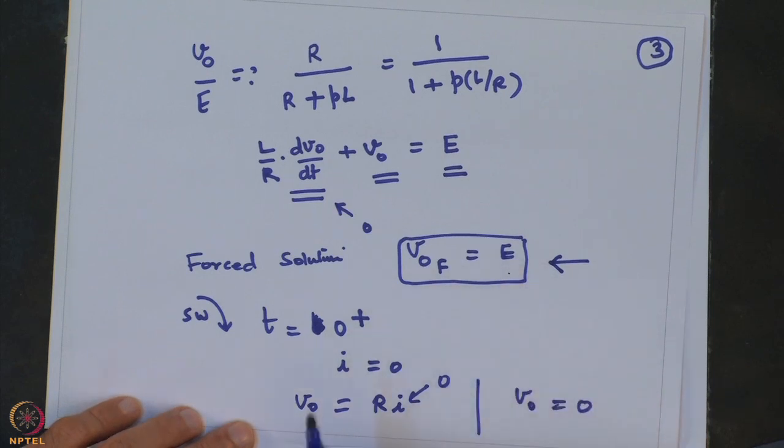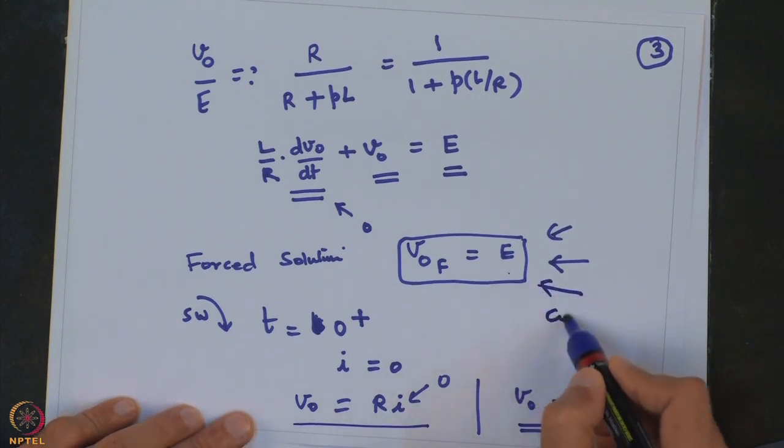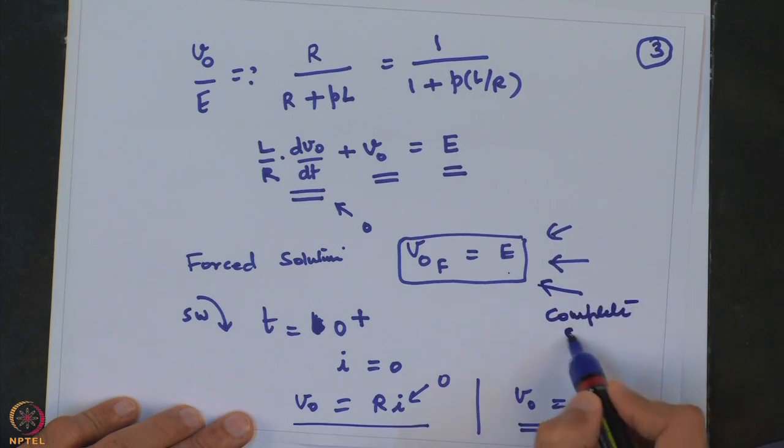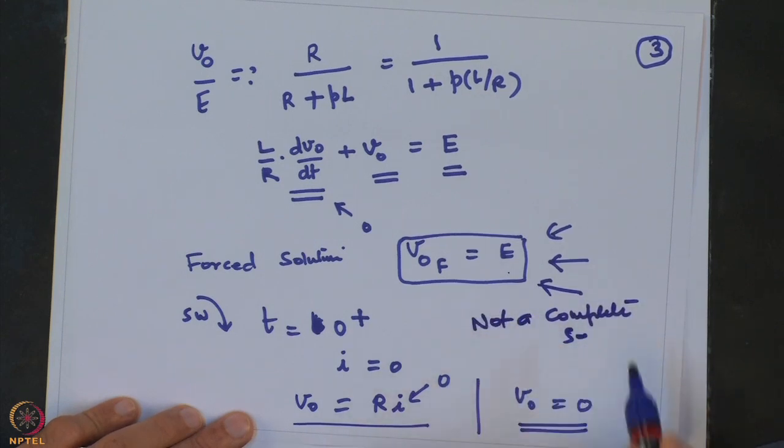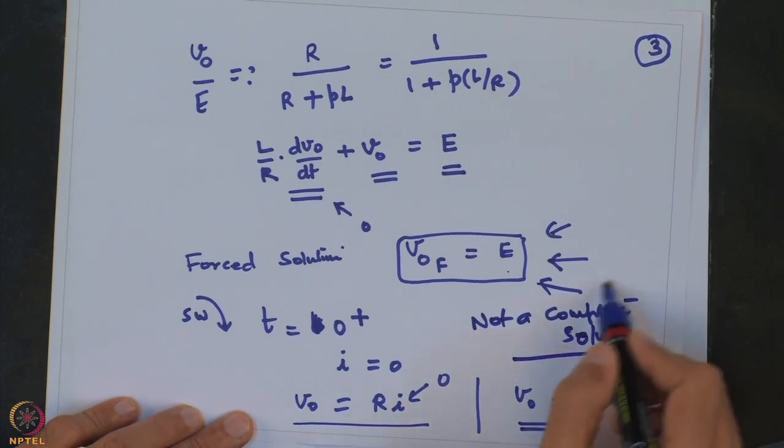As per the forced solution we have seen before, VOF should be E, but as per the solution that we have seen now, by a simple analysis and understanding, because there is an inductor, the current is 0, and we found that VO is equal to 0. So, basically what we are saying is that this solution is not a complete solution.